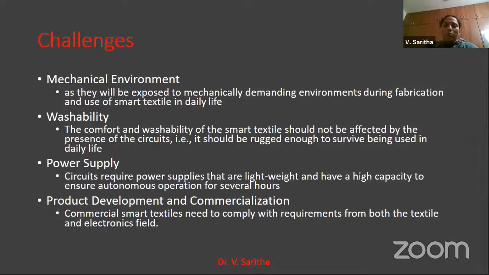Washability: we should be able to wash these textiles, but the textile should remain as normal as it is, and at the same time our circuit should not be damaged. Power supply: how to supply power to these circuits is another challenge. Then how to develop this product and commercialize it.